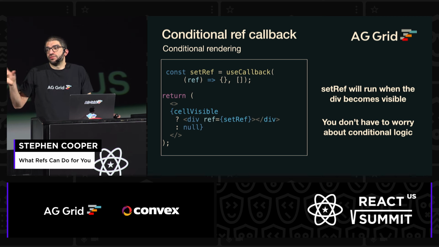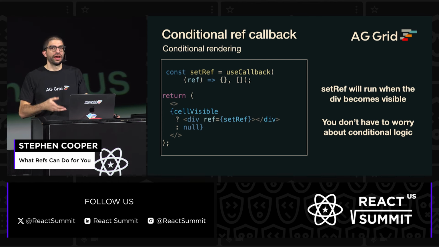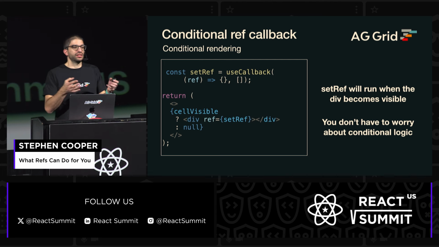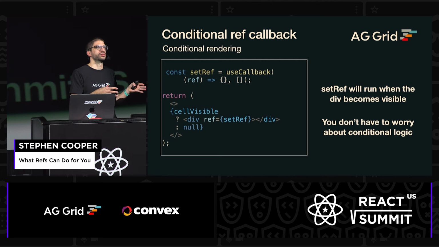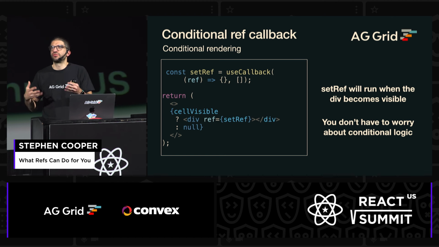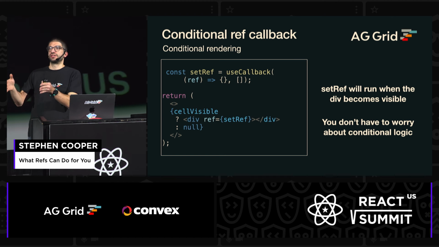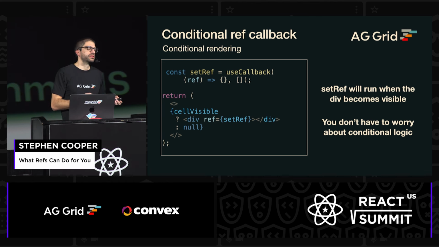Whenever React ends up mounting this div element, it will run that setRef callback, and we can set up the code that we need to. So instead of the synchronization and the lifecycle being tied to the component, these ref callbacks are really nicely attached to the div element that you're actually wanting to work with. It removes that complexity from the equation.